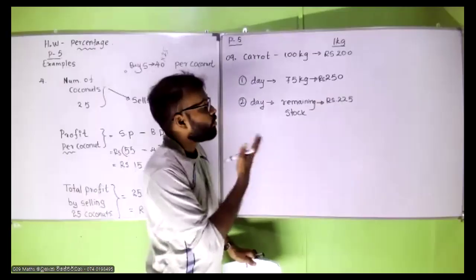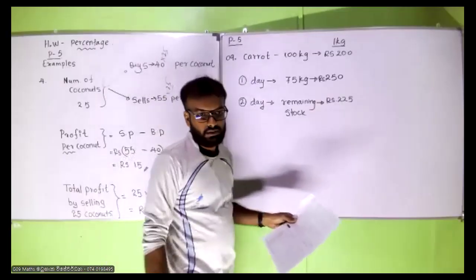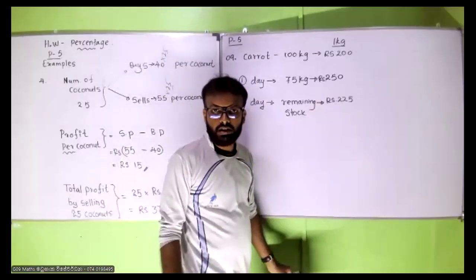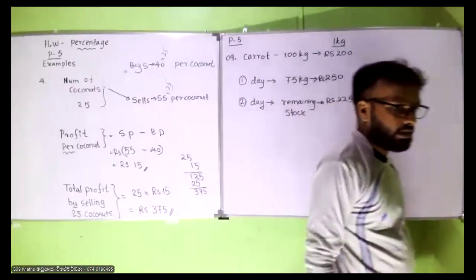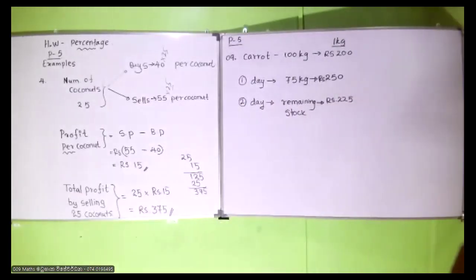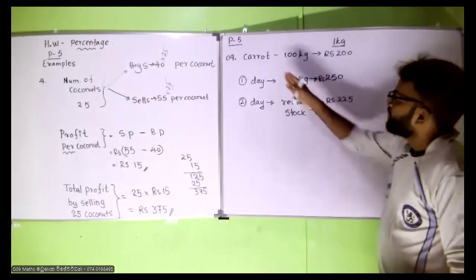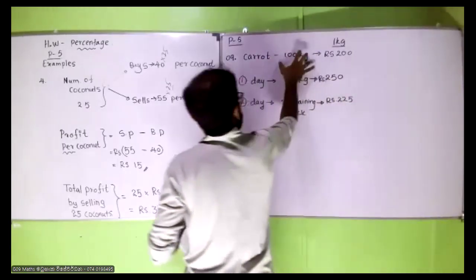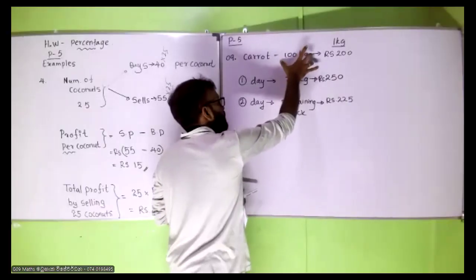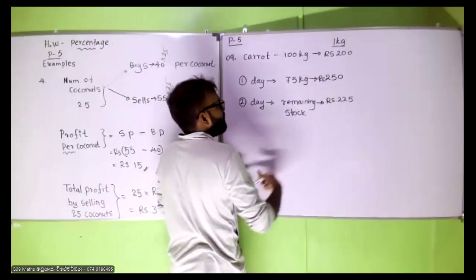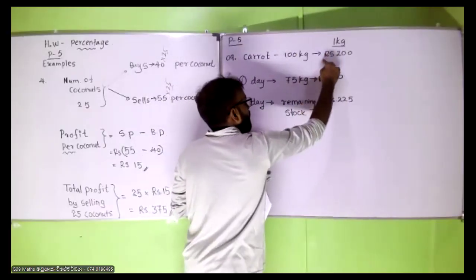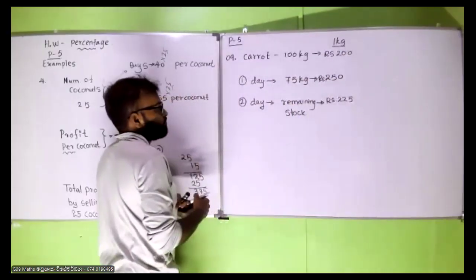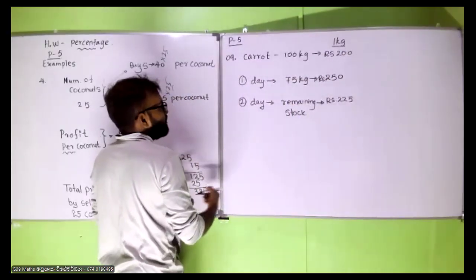So this is the story in the question. Nothing to understand, no need to worry at all. All the things are here. He bought 100 kilograms of carrot. Per kilogram is 200 rupees. This is buying.